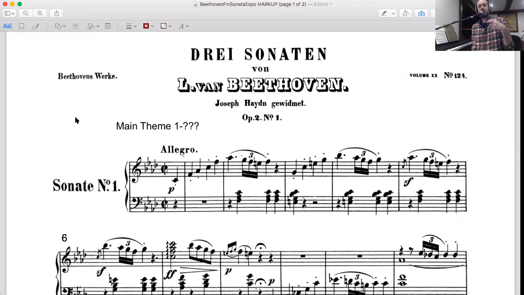We don't exactly know how long it is, but this is an important spot to make sure that we have a feel for the way the term main theme works, because we have the section of the main theme, which is measure 1 through somewhere. But we also have a melody that's called the main theme. That jumping idea is the melodic main theme. Of course, they happen at the same time.